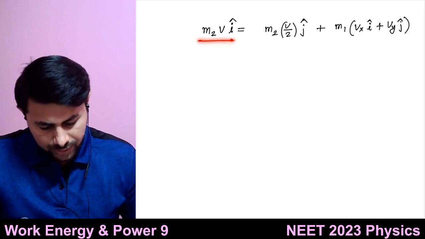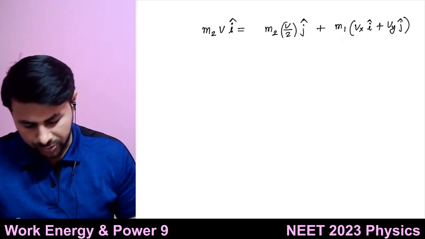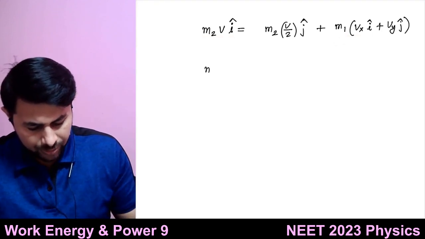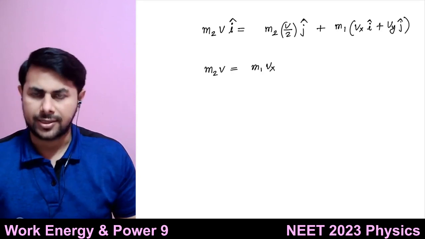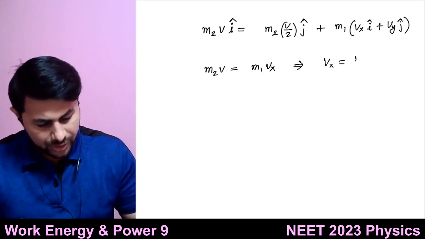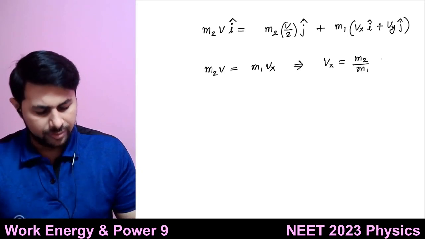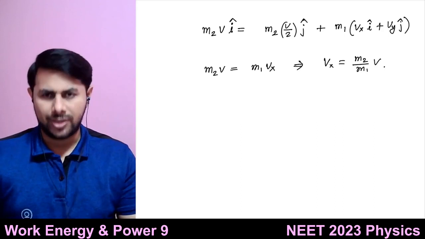Comparing the x components, m2 times v equals m1 times vx. So vx is equal to m2 upon m1 multiplied by v.